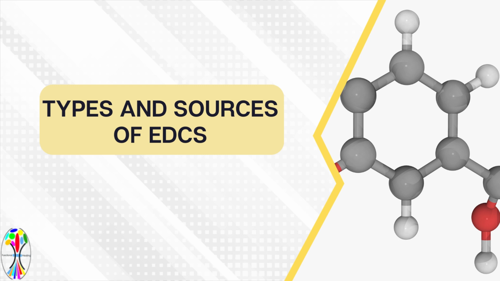Similarly, the oral contraceptives or other forms of contraception which contain synthetic hormones are also going to be considered an endocrine disruptor because they disrupt the endocrine system of the body.